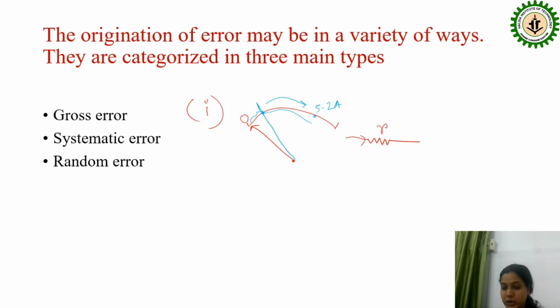Now, point number 2 under this gross error: the pointer deflects between two scaling points.